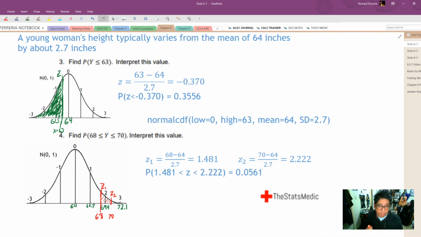So we have the probability of a z-score between 1.481 and 2.222 is 0.0561. Remember to keep anything that comes out of normal CDF to 4 decimal places. Now, if you don't remember again, how did we get that number? We've got normal CDF, low is 68, high is 70, mean is 64, standard deviation is 2.7.